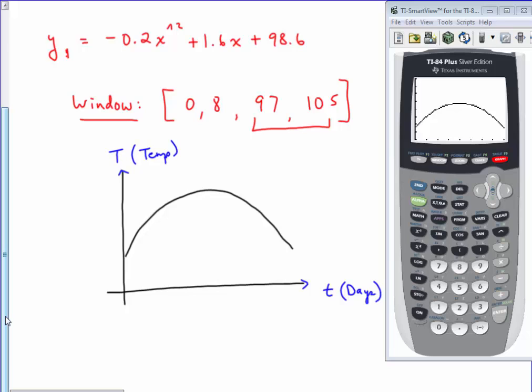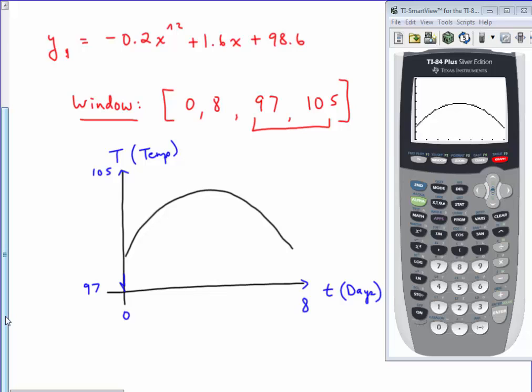So we'll label both of those. I will also label our scales. So we went from 0 to 8 on the t-axis, and then here technically what I should do is put a little jag showing that I did not start at 0, but I started instead at 97, and then I went up to 105. We see that this ended up being a good window. It shows our graph well.